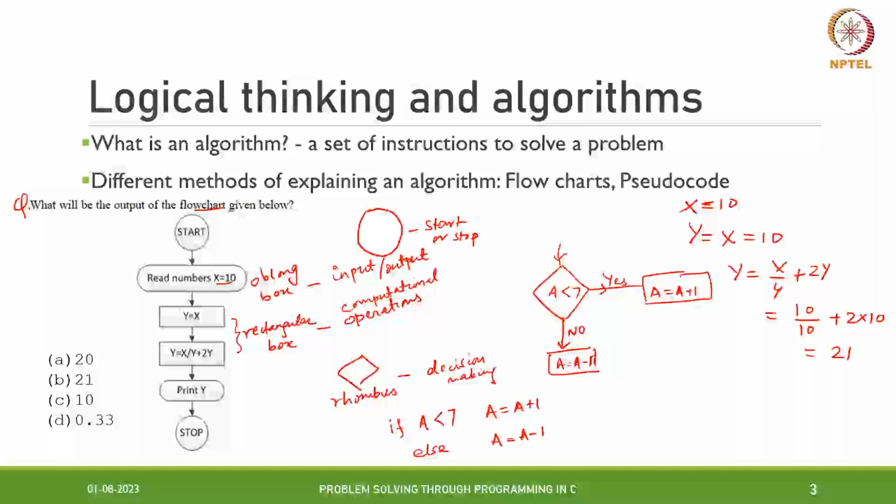As you can see, the arrow that you can see is the flow of the program. Okay, and once y has been computed from this box, it goes and prints y, and as we can see, the value of y is 21. So for this case the value is 21. Is that clear?